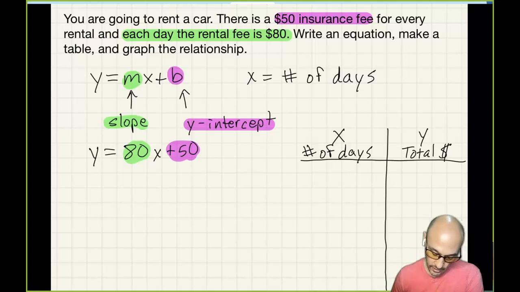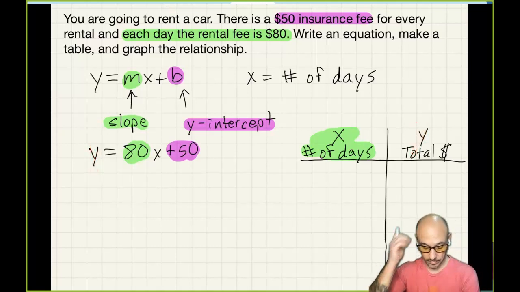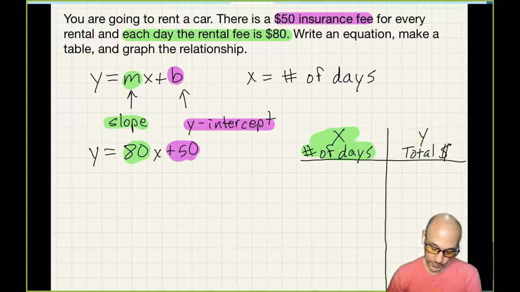Okay, so again, the number of days for the rental. Actually, that shouldn't be green here because it's the $80 per day that is the slope. It's not the number of days.